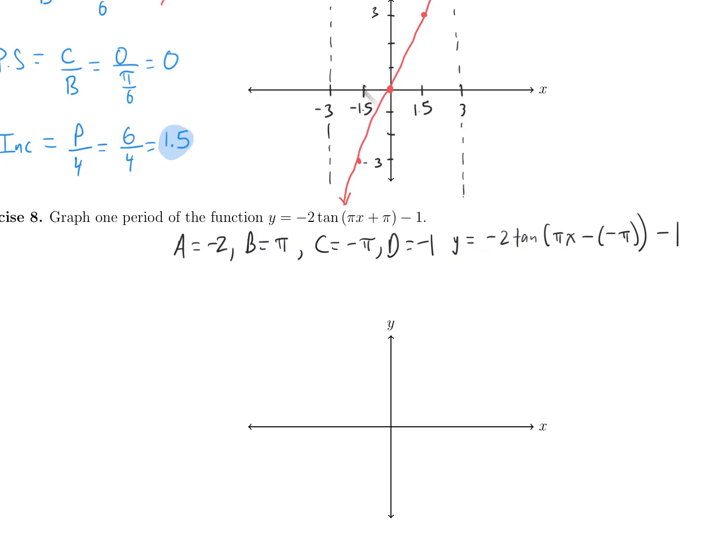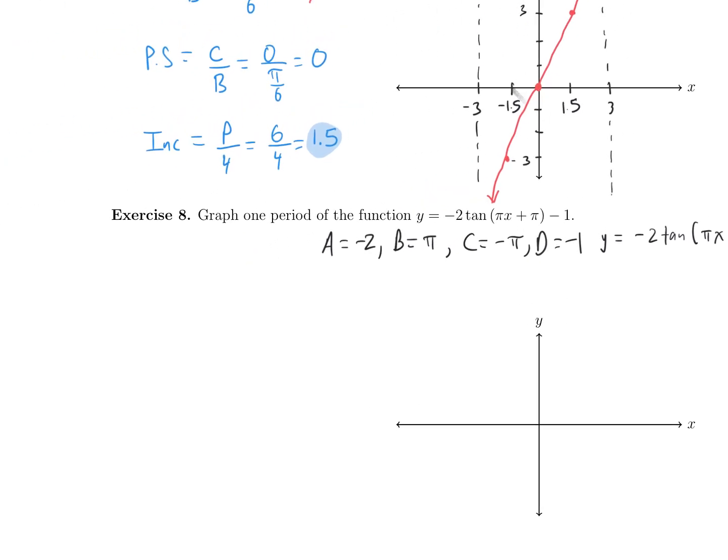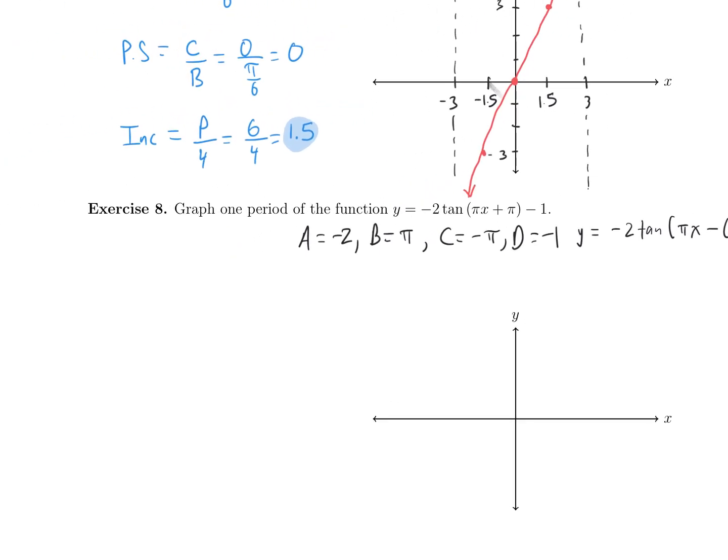So now we can continue, let's start with the midline. Since this one does have a D, the midline, just as it was with the other problems, is going to be the D. So the midline is y equals -1. Let's go ahead and put that in.